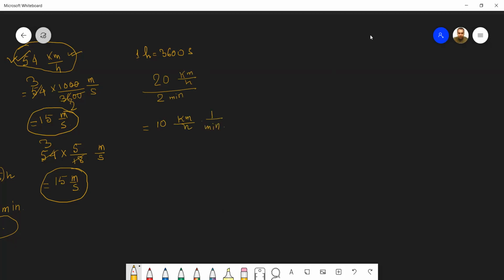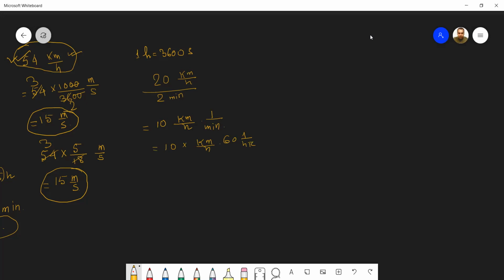Now you see, in one case we have hour as the unit of time and in the other we have minute as the unit of time. So what we do here is that kilometer per hour, we will keep as it is. Divided by 1 per minute means how much? 1 hour means 60 minutes, so 1 by 60 would be hour. So 60 would go to the numerator.